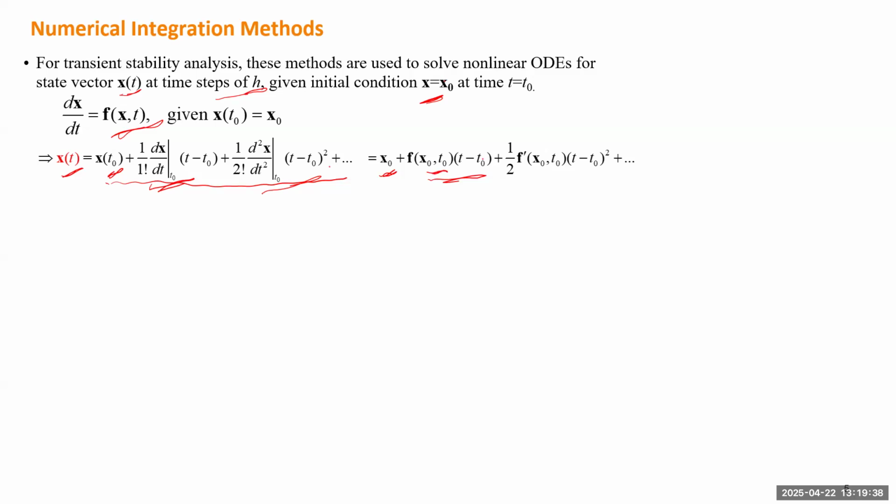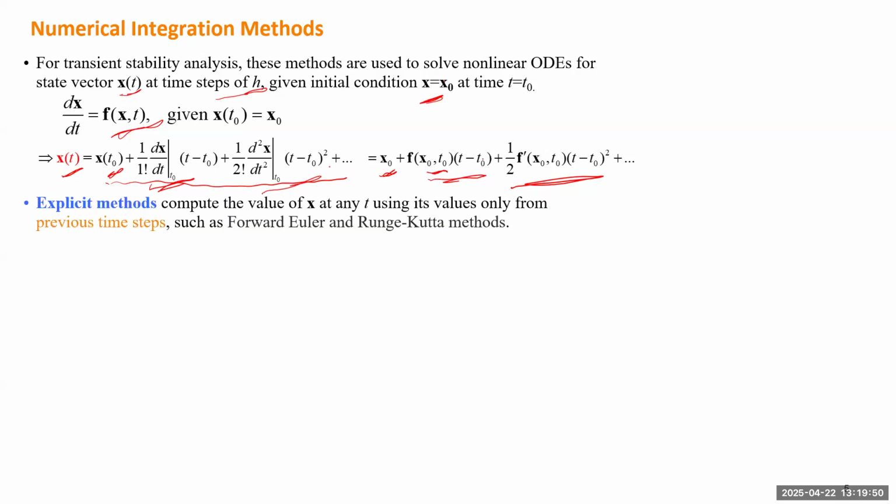And then if we continue, there will be a second order term. If you want to continue, you can have a third order, fourth order. So the explicit method just takes a number of terms from this Taylor expansion as an approximation of the final solution.